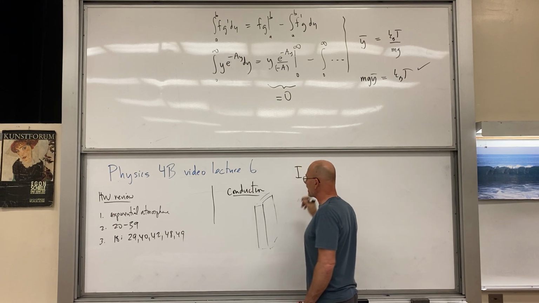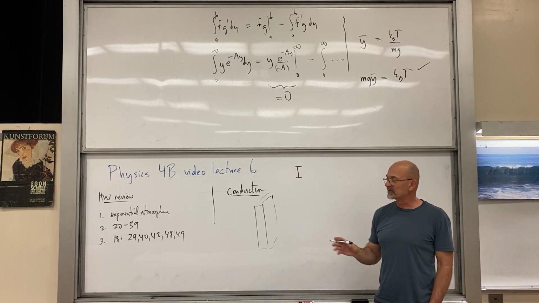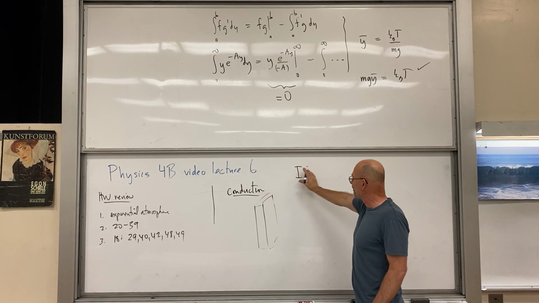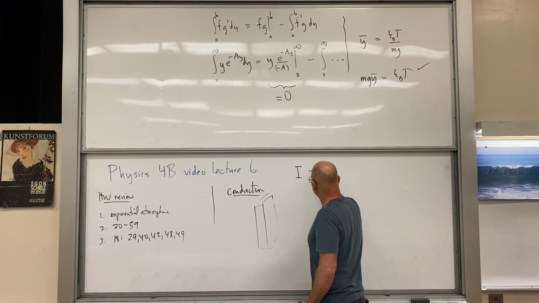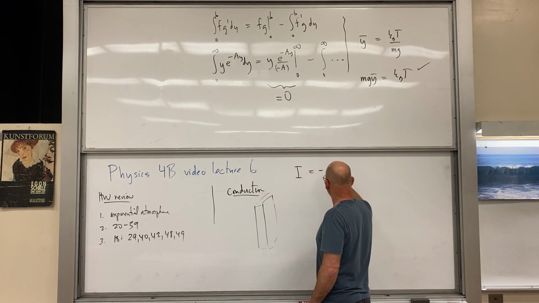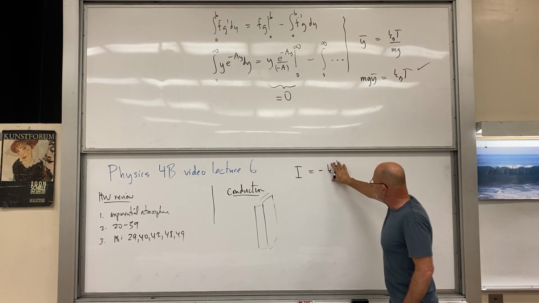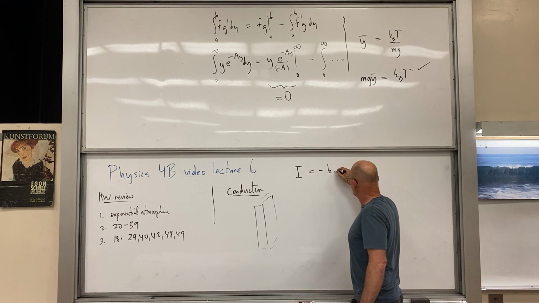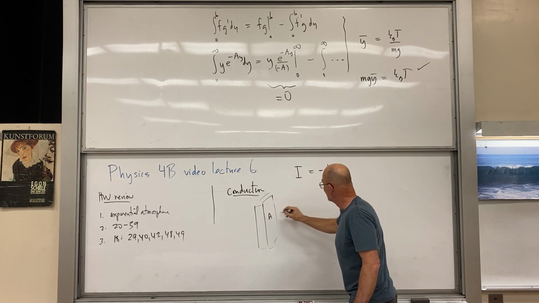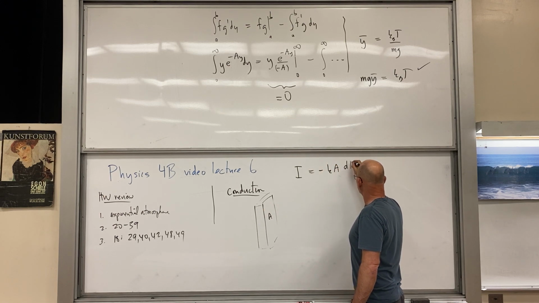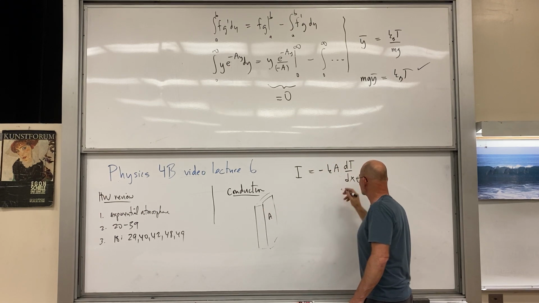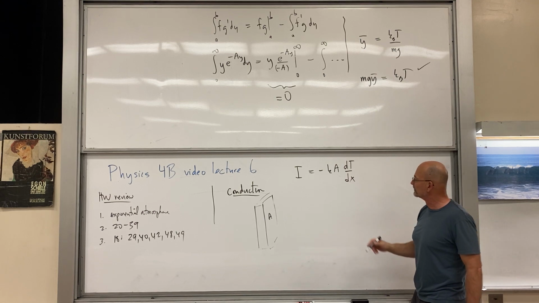They're using the letter I, that's power, okay, that's dQ over dt. So that's power, and you've got a minus k, which is just the material constant, surface area A, dT over dx, where that's the temperature gradient.